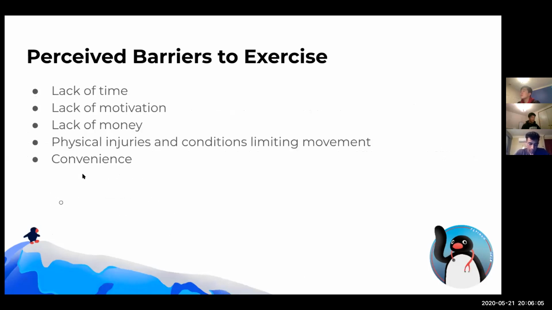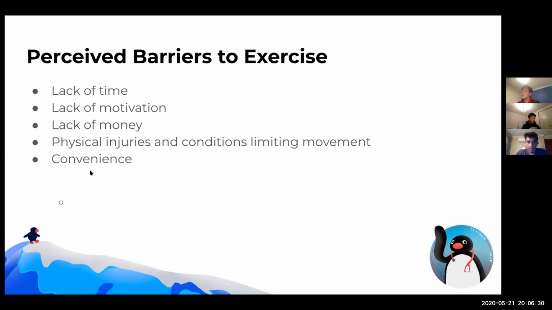Another important thing which you might be tested on is perceived barriers to exercise. Many people tend to overlook exercise for a few reasons: lack of time, lack of motivation, lack of money, physical injuries and conditions which limit their movement, and convenience.